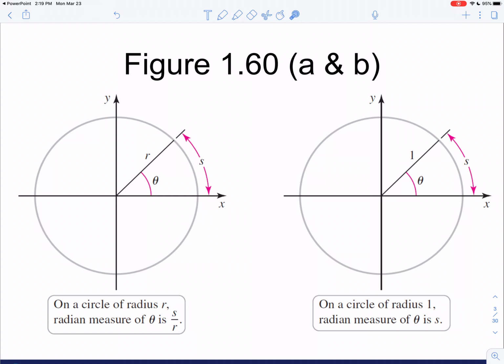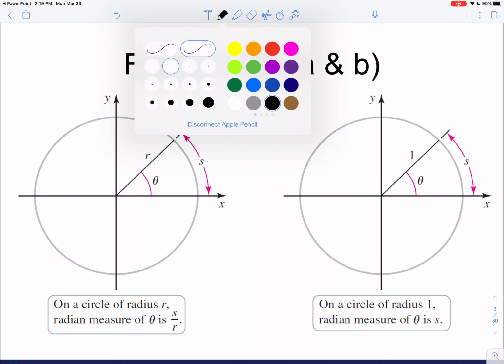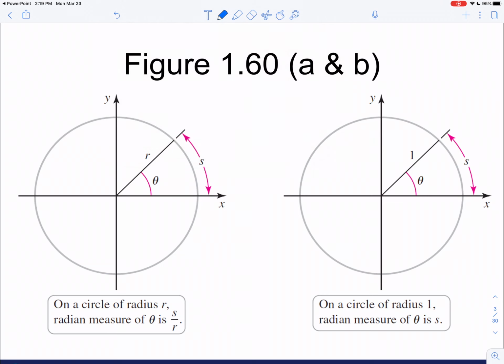On a circle of radius r, the radian measure theta is s divided by r. When we introduced this before, we said s equals r theta. So arc length equals r times theta, where theta has to be in radians. That's from pre-calc.